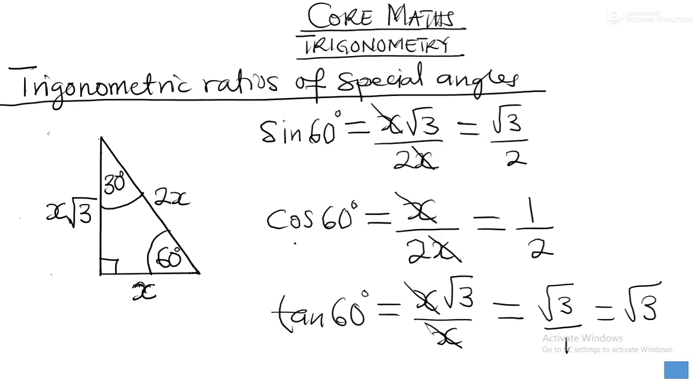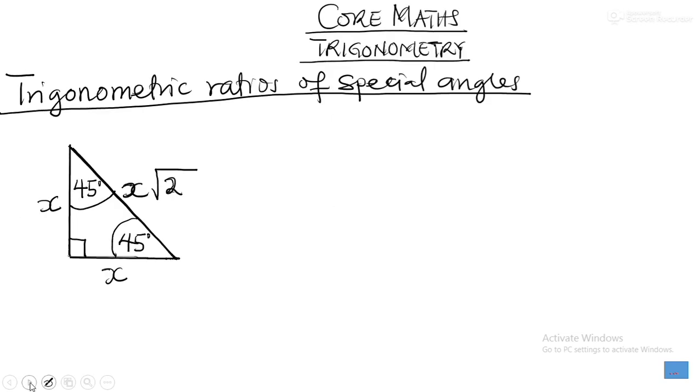So 30 and 60 are complementary. That is why the sine of 30 is giving us the same value as the cosine of 60. I hope you are clear. Good. So let's move on.